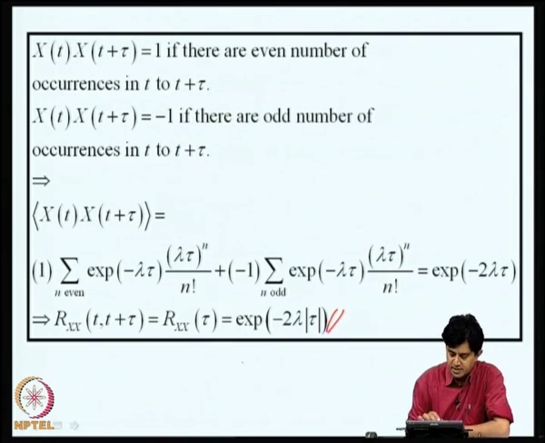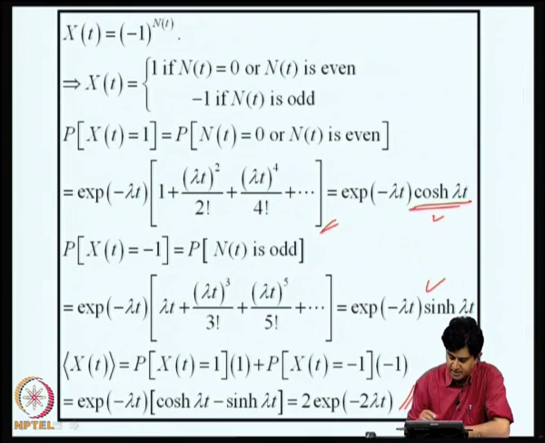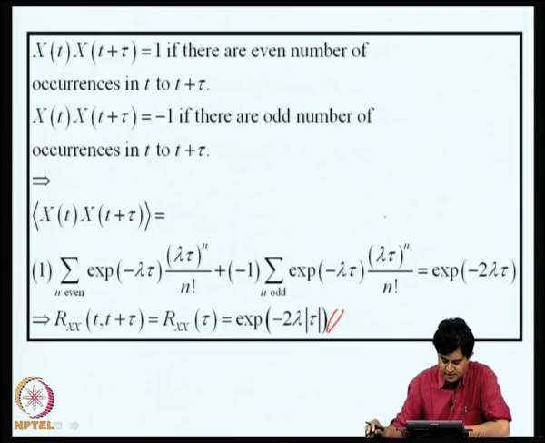So, this process is wide sense stationary. That is, if I remove the mean, that is, if I define another process x of t minus e raised to minus 2 lambda t, that process will have 0 mean and it is wide sense stationary.